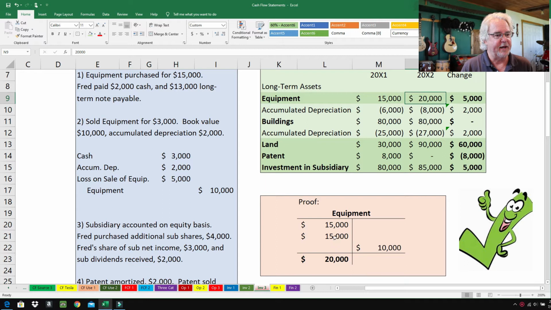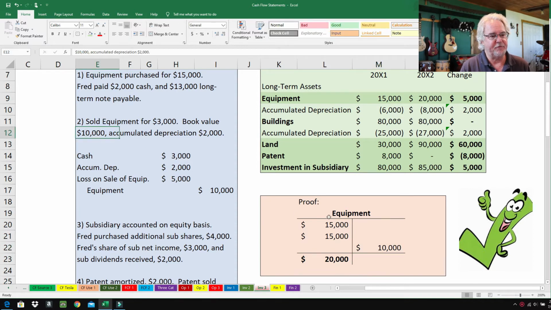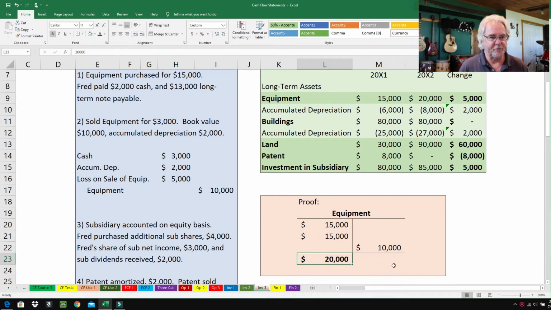Well, equipment was purchased for $15,000, it says so in number 1, and equipment that had a book value of $10,000 was sold during the year, which I got from number 2. If you add up this little T account, 15 and 15 is 30, minus 10, you end up with 20, and this assures me that I'm taking into account everything that went on in the equipment account.